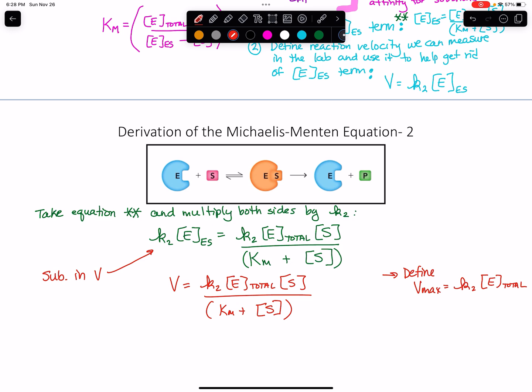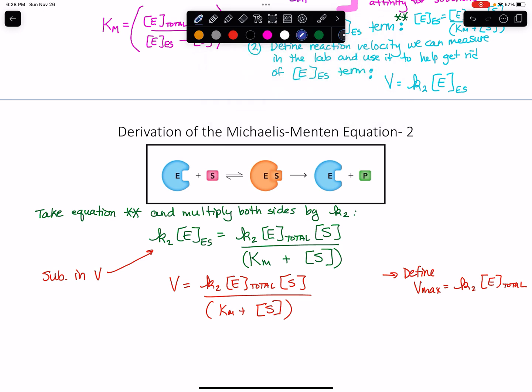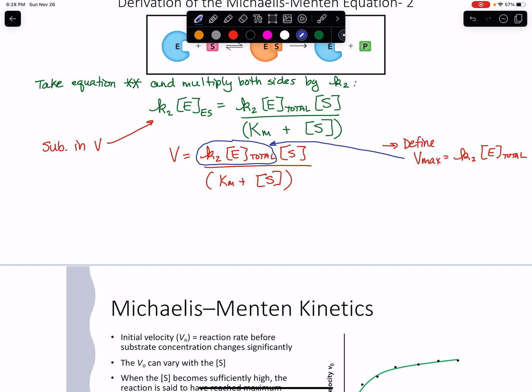Aha! So here we go. And if you look carefully, I'm going to change to blue, you'll notice that this right here matches our Vmax. So when we substitute that in, we get the Michaelis-Menten equation at long last.